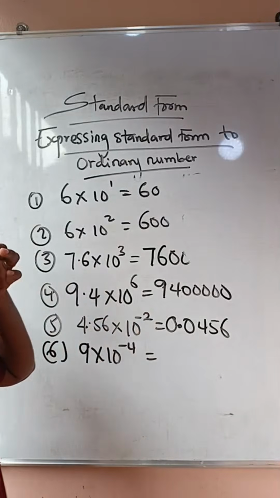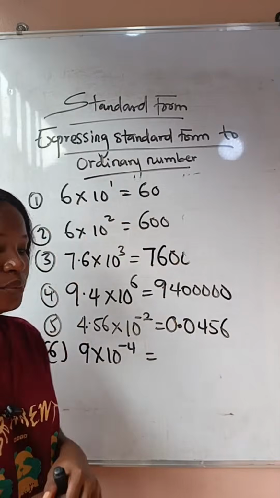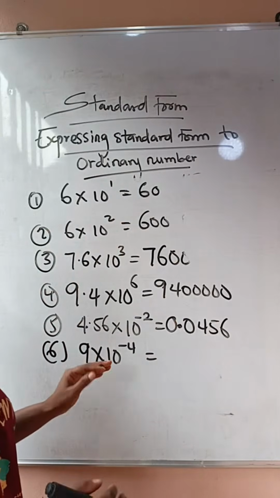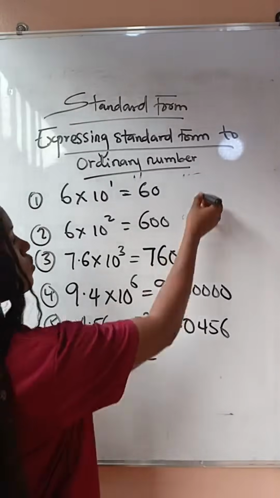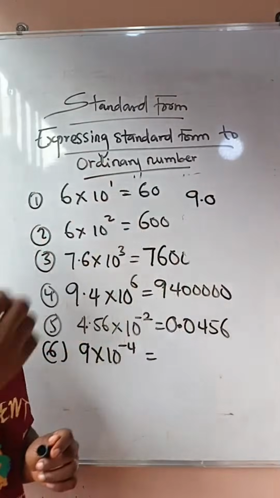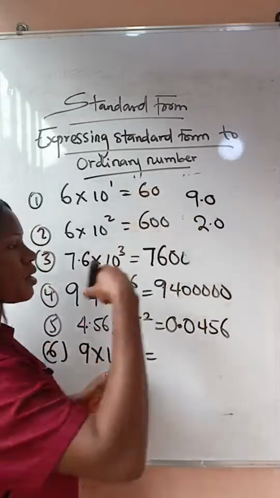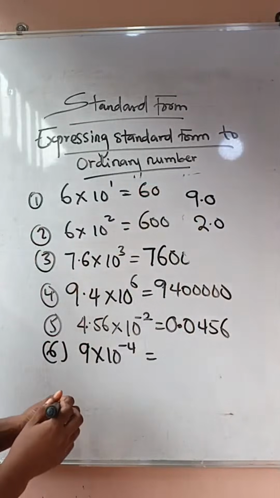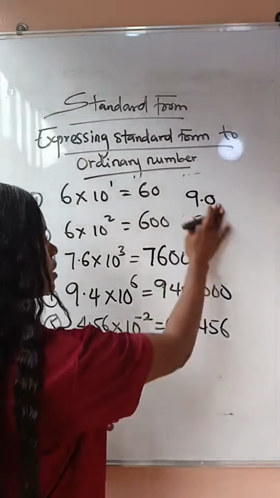That is where I explained that when you have a whole number, your decimal point is always at the end of the whole number. So for example, 9 is 9.0. The decimal point is at the end. 2 is 2.0. The decimal point is at the end. So what we have here is 9.0 presently.